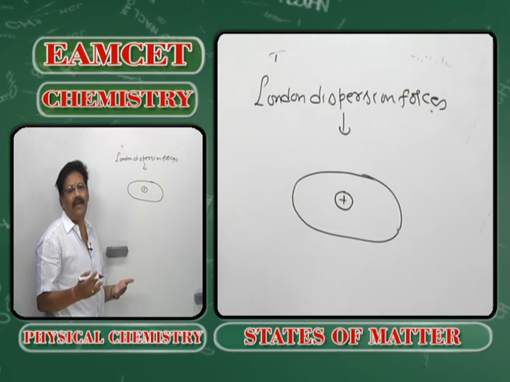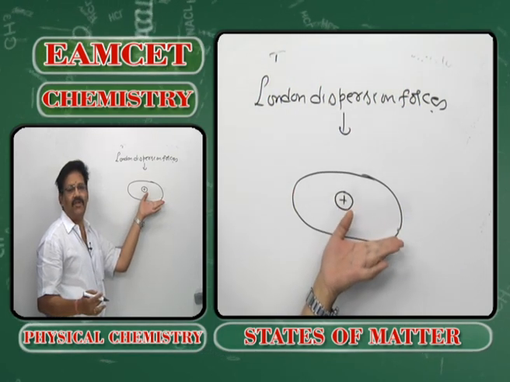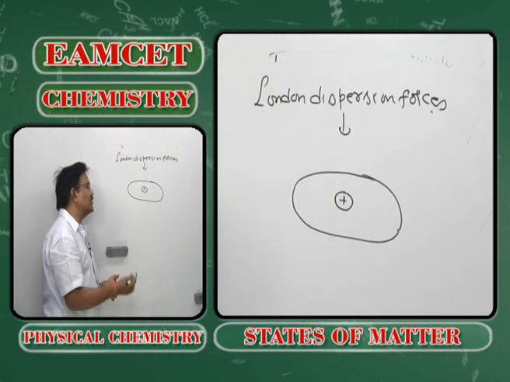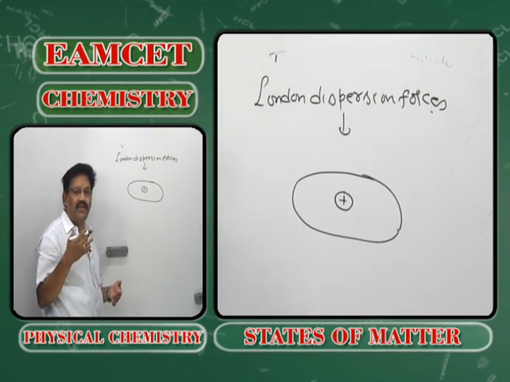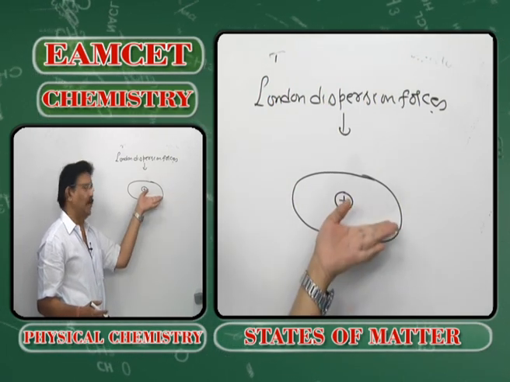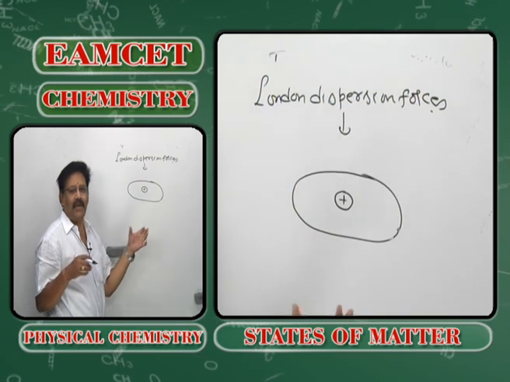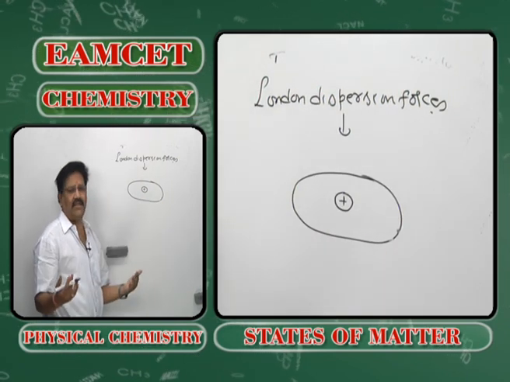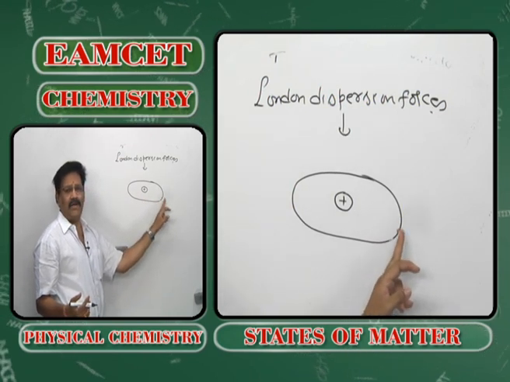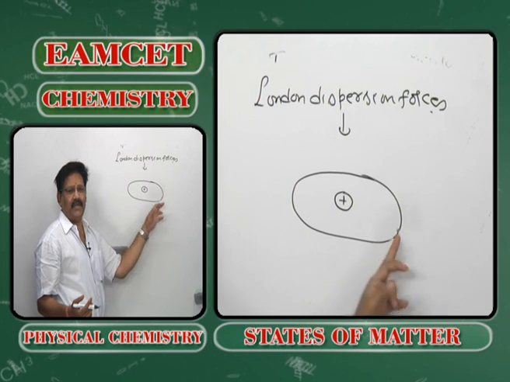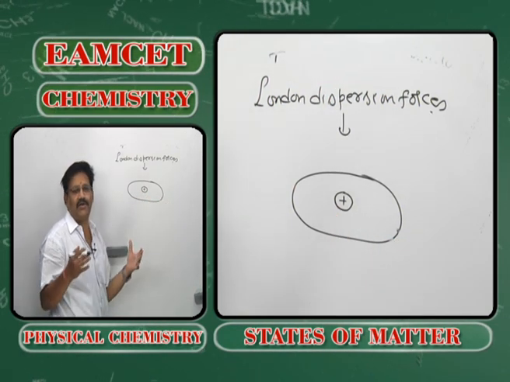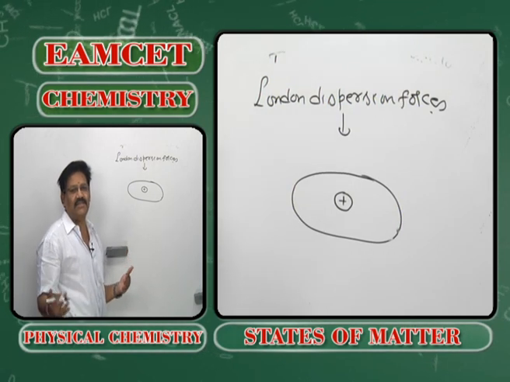For a moment, the symmetrical distribution of the electrons around the nucleus will get disturbed, leading to the formation of a temporary dipole. So when we consider helium or any other non-polar covalent compound, first a temporary dipole will be formed, because momentarily the symmetrical distribution of the electrons around the nucleus gets disturbed.